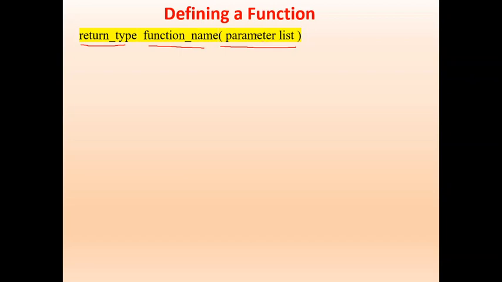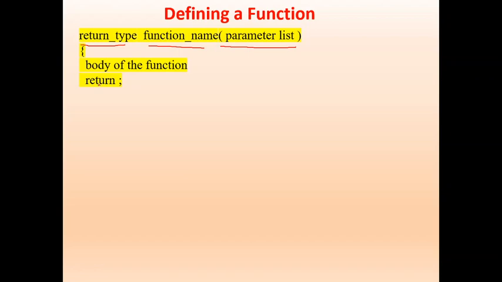After writing this function header, don't use a semicolon; you give the function body. The function body starts with a brace, like your main function. Main is also a special user-defined function. In the body of the function, you write whatever statements you want. Whatever work the function has to discharge will be placed in the function body. The last executable statement of the function body is return.